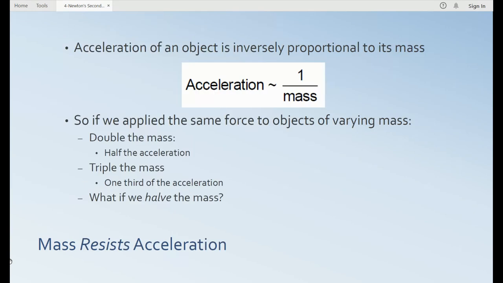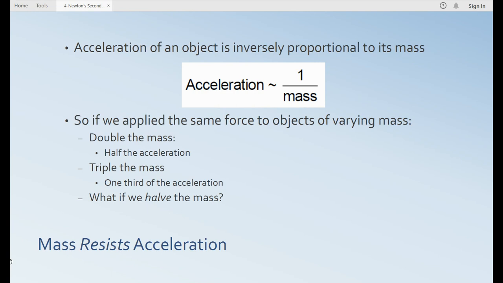So looking at acceleration and its relationship to mass, the acceleration of an object is going to be inversely proportional to its mass. We can write that as an equation: acceleration is proportional, the little tilde again, to 1 over the amount of mass. If we have a mass, say we'll call that mass 1, its acceleration is going to be proportional to 1 over 1, which is 1.